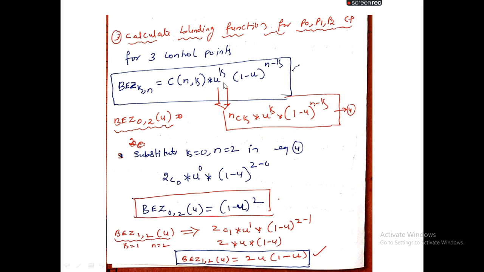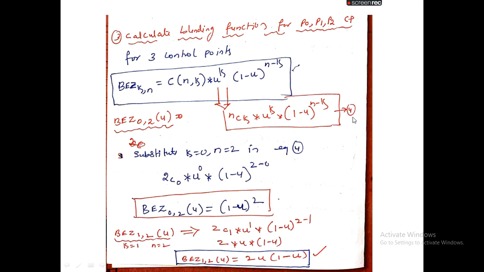I modified this formula into nCk, that is, we need to calculate the binomial coefficient nCr for this equation. But the remaining I wrote as it is, u power k into 1 minus u power n minus k. So I will assume this is equation number 4.